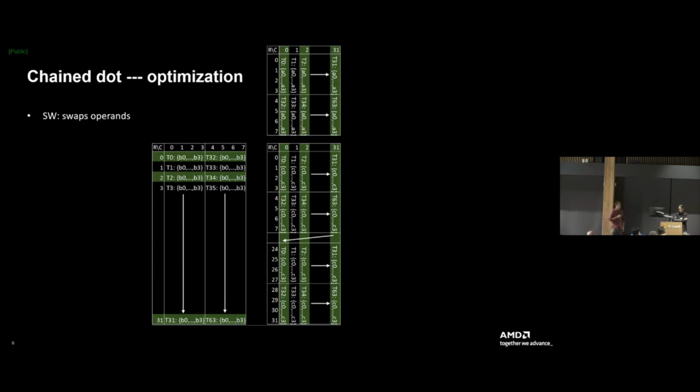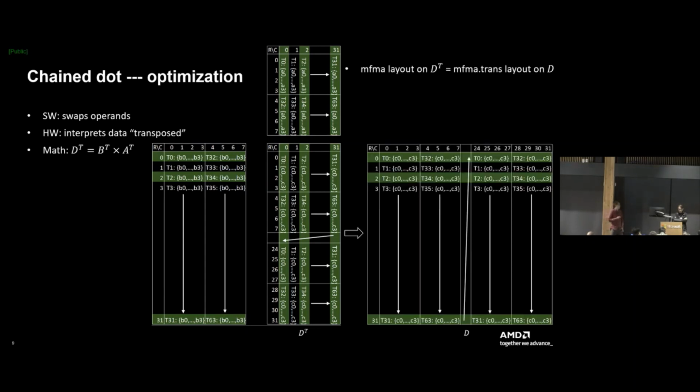Now you can see the elements from matrix A are passed to the MFMA instruction as input B, and elements from matrix B are passed as input A. Because of the way the hardware interprets elements from threads, now we are computing B transpose times A transpose. Mathematically, we got D transpose with MFMA output layout.